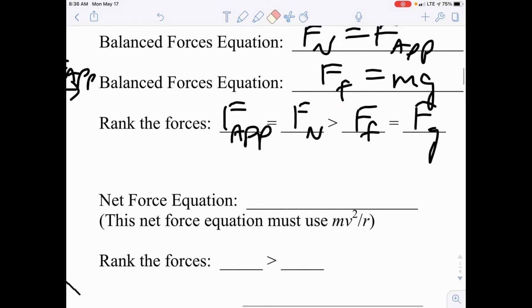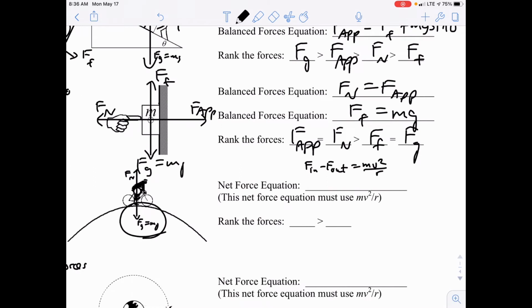What that means is forces into the circle minus forces out of the circle are equal to mv squared over r. So forces into the circle would be weight, minus forces out of the circle, that would be normal force, are equal to mv squared over r. Ranking those forces, mg has to be greater than the normal force because you're curving in that direction. You're always curving in the direction of the greater force.